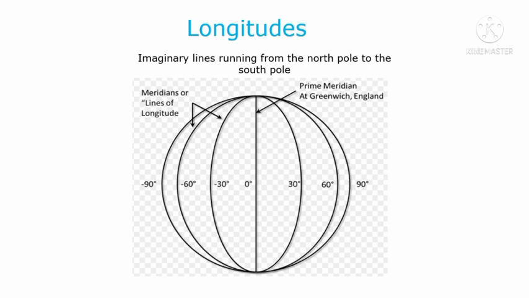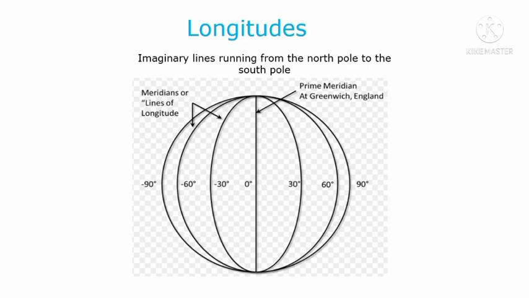These will be semicircles because there are only half from the top to the bottom. It will be intersecting the equator, so they will be cutting through the equator and passing towards the south.